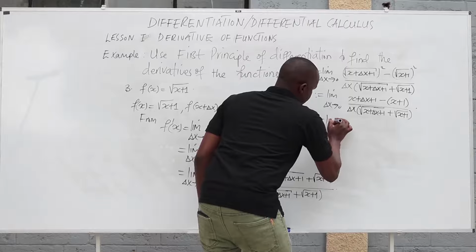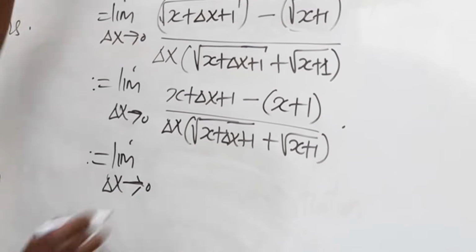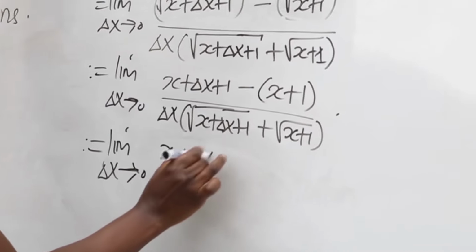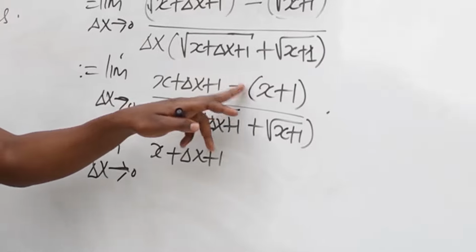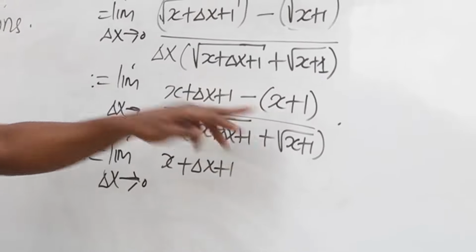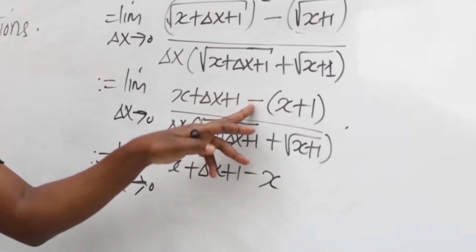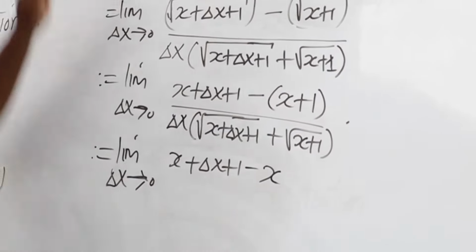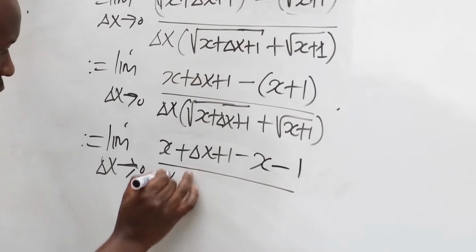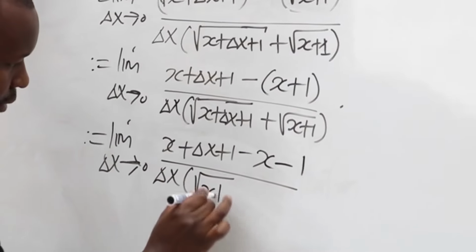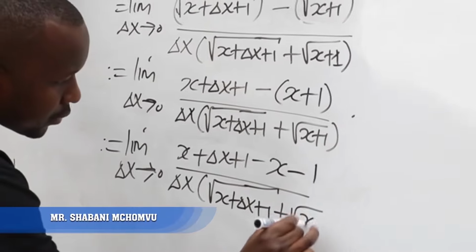So it becomes limit as change in x approaches 0 of x plus change in x plus 1. Now we are going to open the bracket. Negative 1 times x becomes minus x, and negative 1 times positive 1 becomes minus 1, over change in x, then the radical of x plus change in x plus 1, plus the radical of x plus 1.